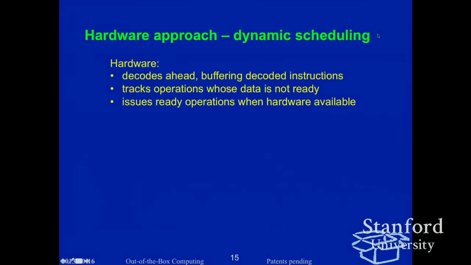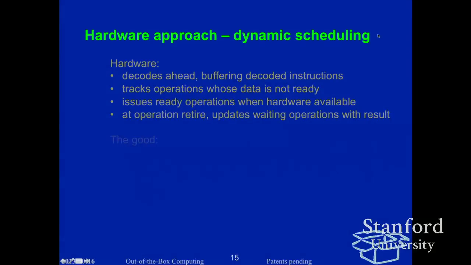When the operations do have their data available and the hardware to execute them is available, then it can issue the operations. And as operations retire, it updates those operations which might have been waiting for that result, so as to make them known to be issuable as soon as corresponding hardware is available. This is a good way of doing things, which is why this laptop and most general purpose machines work this way.